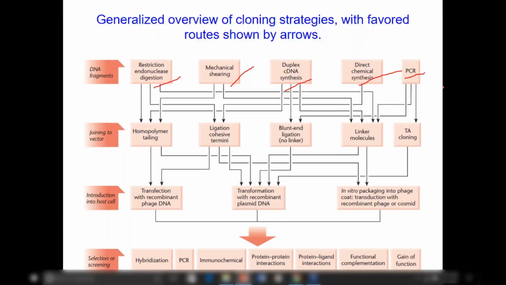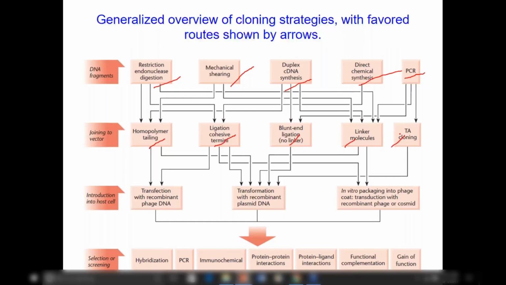So once I produce the fragment, it has to be ligated into the plasmid. That can be done using homopolymer tailing, or ligating cohesive terminals, that is sticky ends, or blunt-end ligation, or linker molecule, or TA cloning.